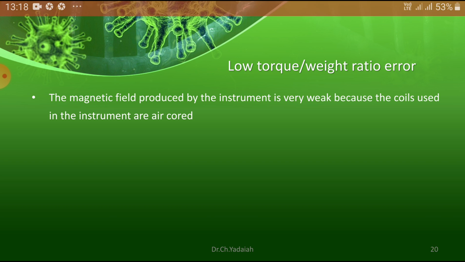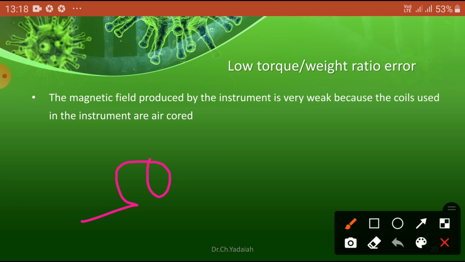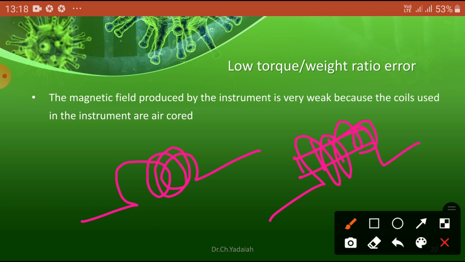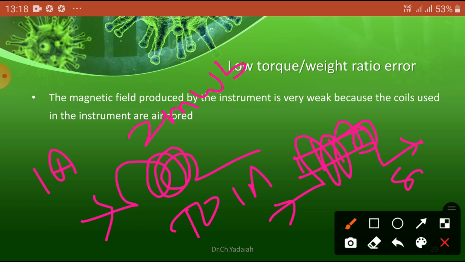As you know, this is an air cored coil. If some iron core material is placed, such as a solenoid or toroid, the same 1 ampere current produces, for example, 2 milliwebers here, but with the iron core the same 1 ampere produces 2.5 milliwebers.